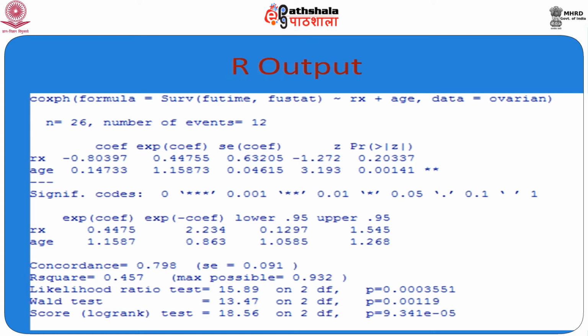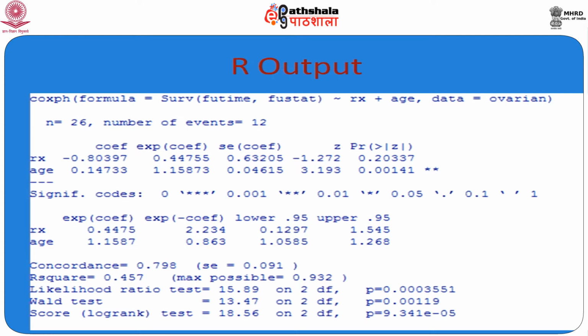So the exponential of coefficients for Rx is 0.44 with standard error of coefficients 0.63. If we add the standard error to the coefficient, we will get the 95% confidence interval, and subtraction will give us the lower confidence interval.